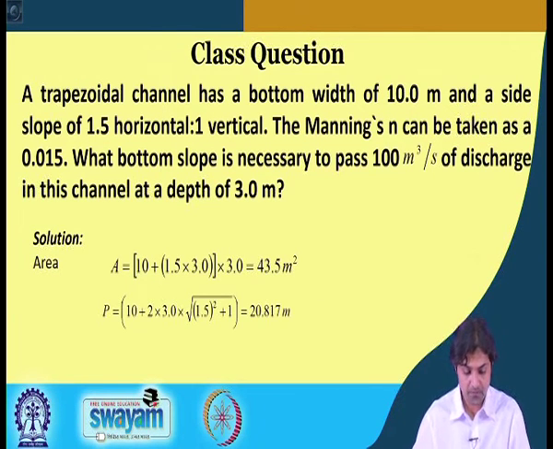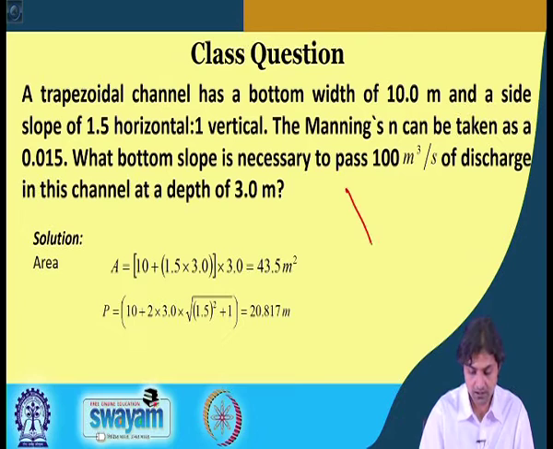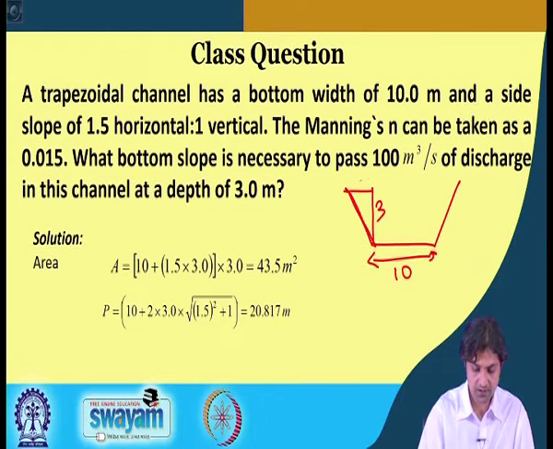And the wetted perimeter, the same thing: this is 10 plus 2 into whatever this length is. So, this is 3 and this is 4.5. This length we can find out, because they have taken it in terms of this slope.